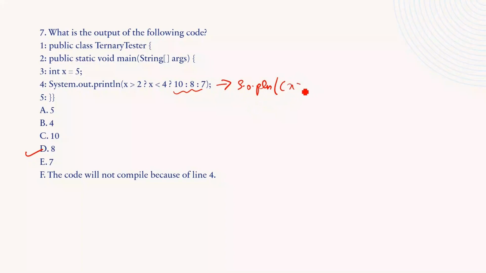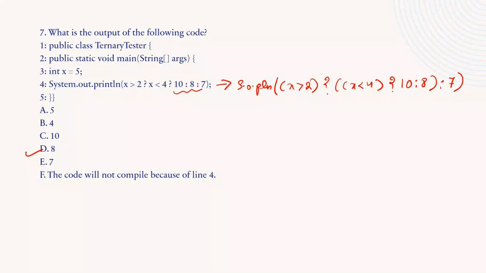So x greater than 2, this is the condition, right? And then we have a question mark, and we have x less than 4 over here. And inside here we have another question mark, and then we have 10 colon 8, and then colon 7.